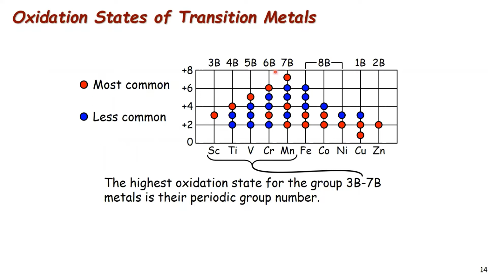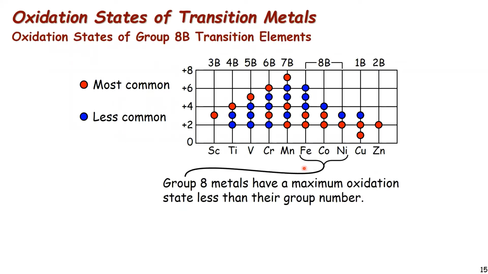We can see again, manganese has a +7. And again, the group 8 metals have a maximum oxidation state less than their group number. So again, these are the oddballs out. Same with 1B too, right? 1B has oxidation states not only of +1, but of +2 and +3, okay?